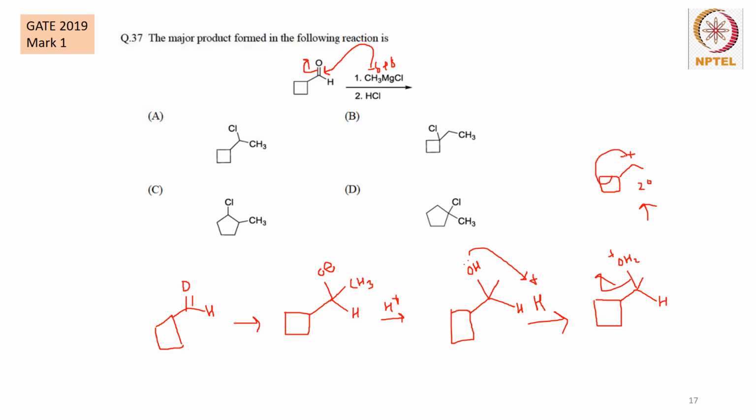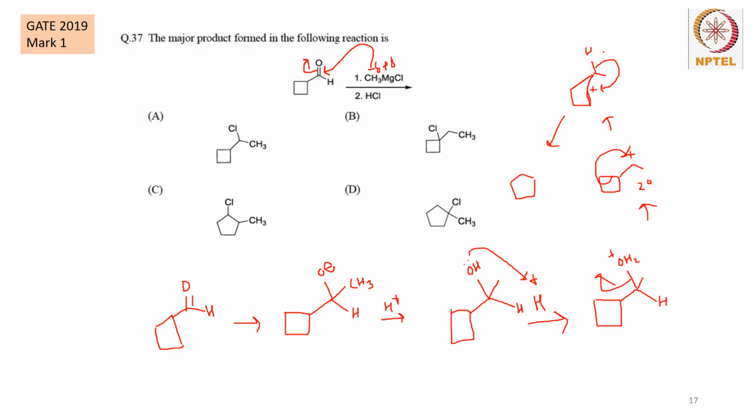So this carbon center will shift here in this position. Now similarly there is a hydrogen like the previous one. This hydrogen will shift to this position and will form this.